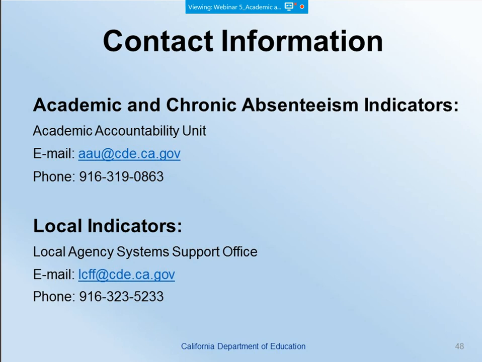The ELPI data is taken from our testing vendor, and includes all students who were tested in the 16-17 school year. So it's not just those students who were tested in the ELPAC testing window; it's all tests throughout the year.